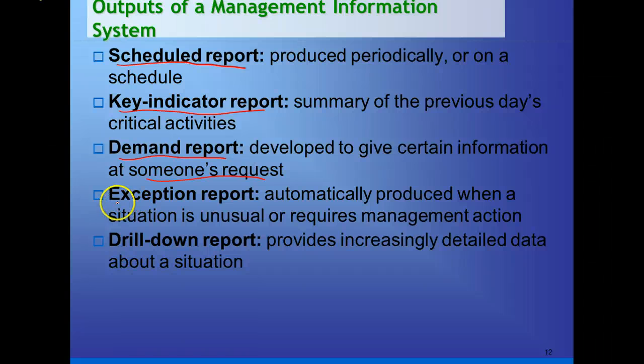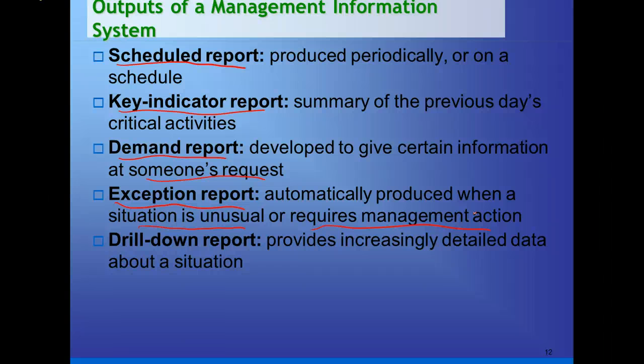Now, we go on to the exception report. An exception report shows unusual situations or incidents which require management action. For example, a manager can generate an exception report which shows a list of items which are defective or which have been complained about many times by users.